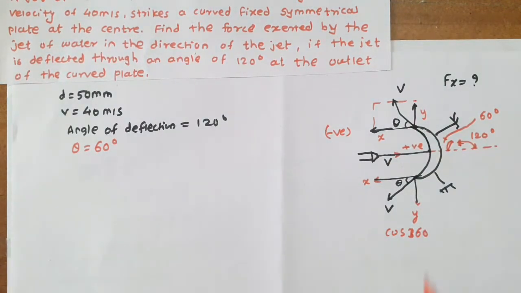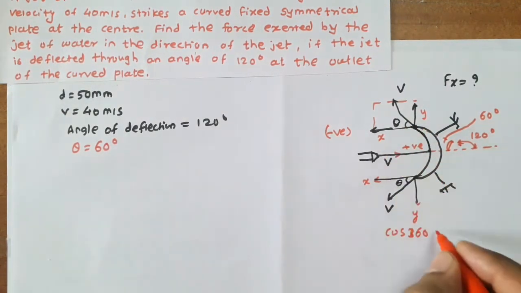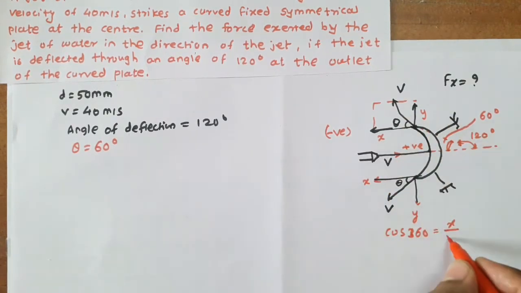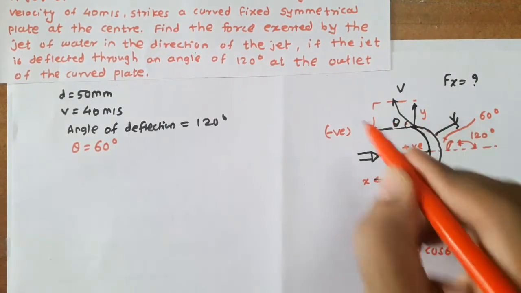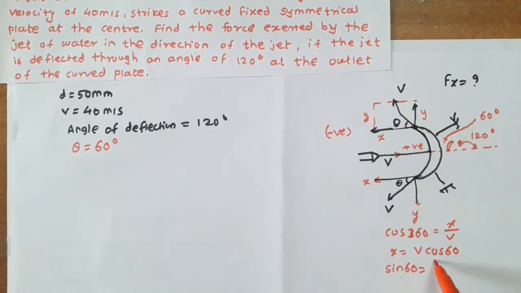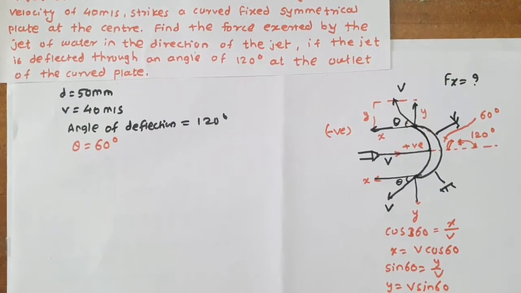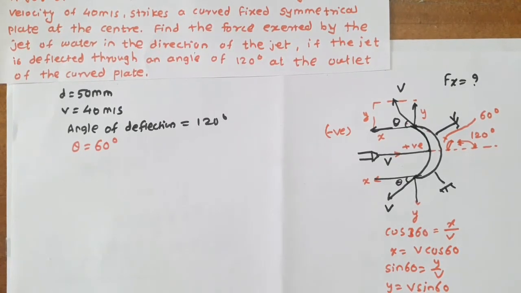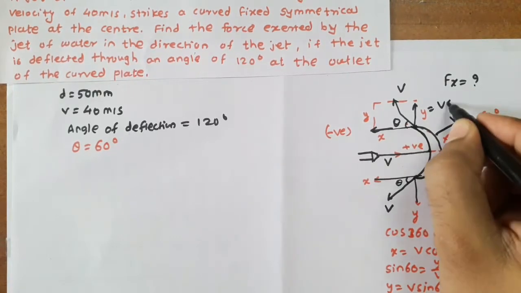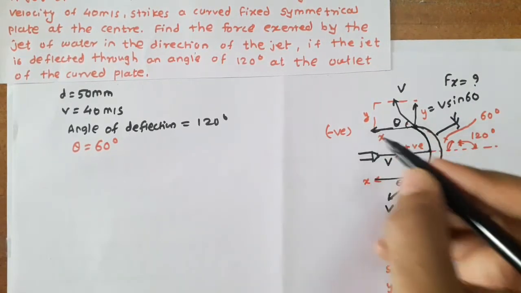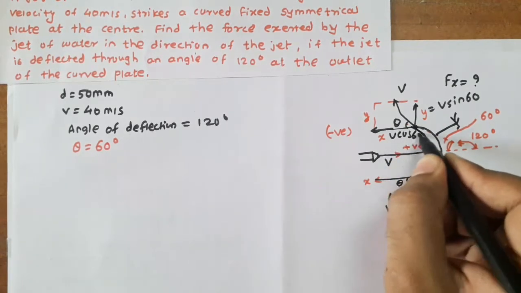So cos 60 is the adjacent side x upon v, so x is nothing but v cos 60. Similarly, apply sin 60. Sin 60 means what? Again it is the front side y upon v, so y is nothing but v sin 60. So the y component is v sin 60 and the x component is v cos 60.